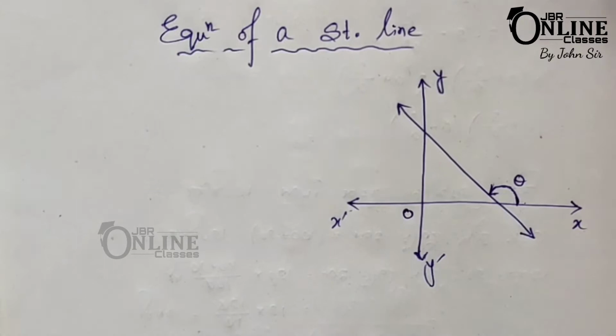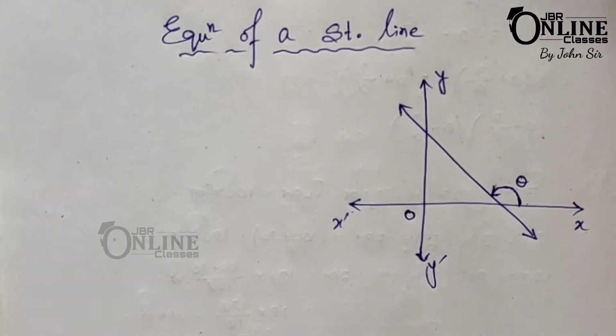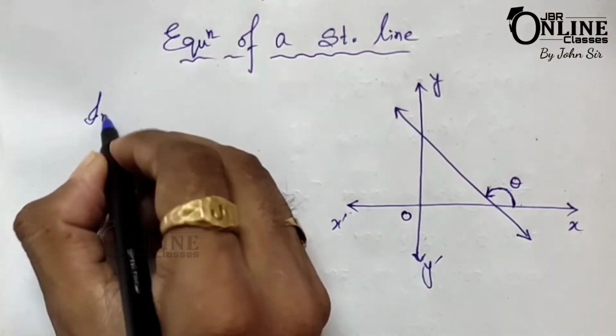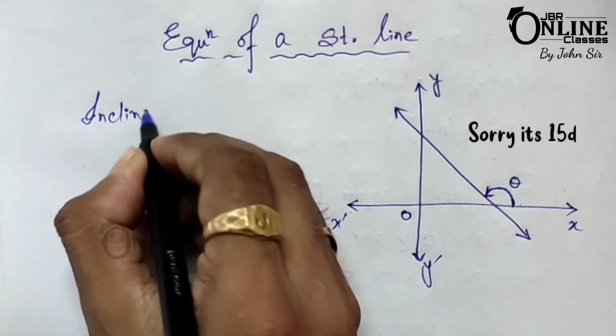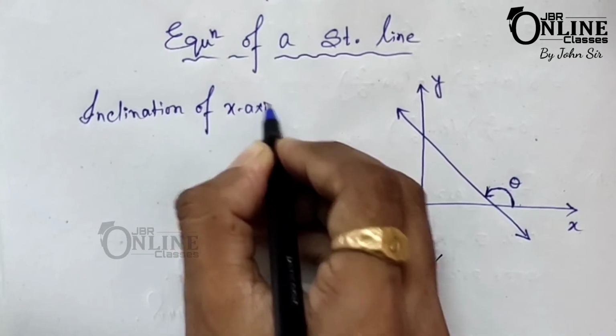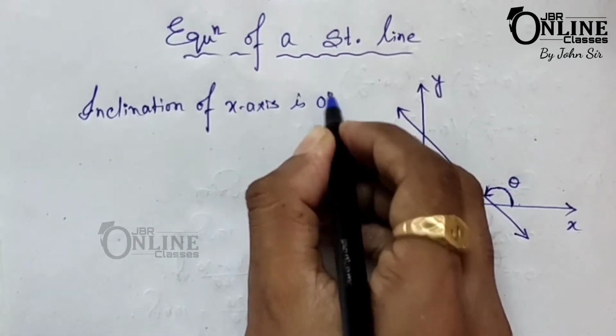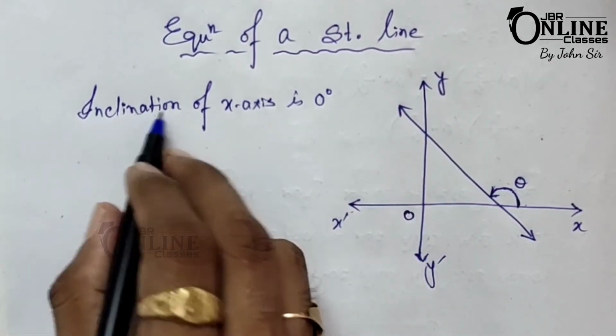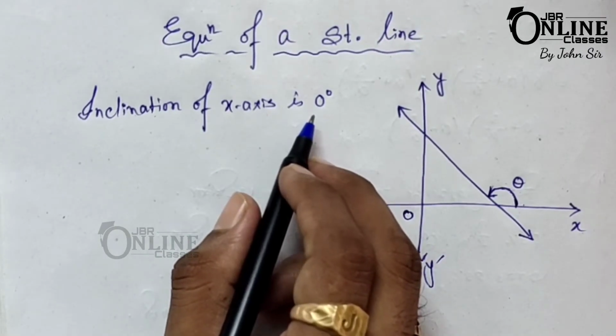Here the inclination of the x-axis is always 0 degree.